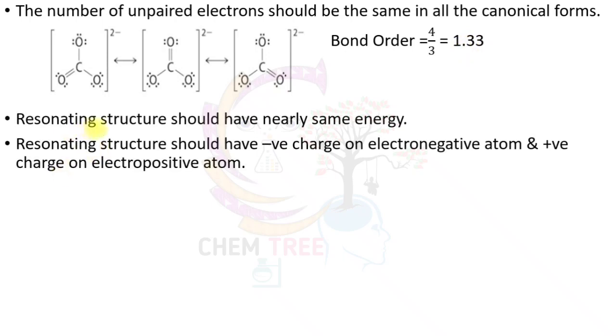Next condition, resonating structures should have nearly the same energy. Resonating structures should have negative charge on the electronegative atom and positive charge on the electropositive atom. For example, in HF molecule, the hydrogen has positive charge, fluorine has negative charge.